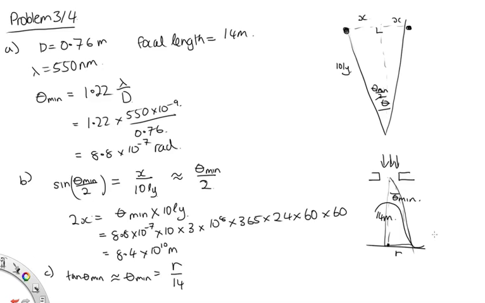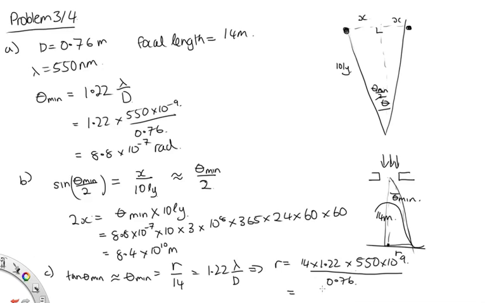We know from our Rayleigh criterion that theta min is equal to 1.22 lambda over d. So this tells us that the radius is equal to 14 times 1.22 times 550 nanometers over the diameter, which is 0.76.